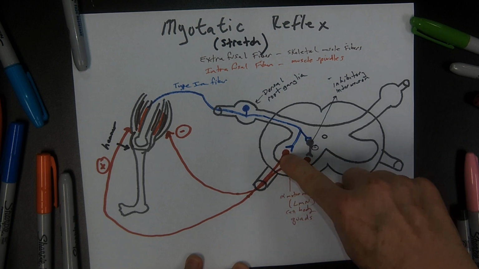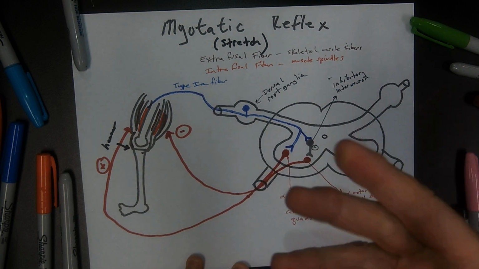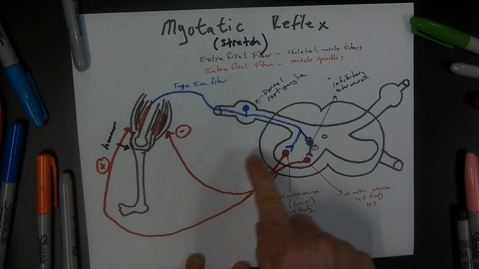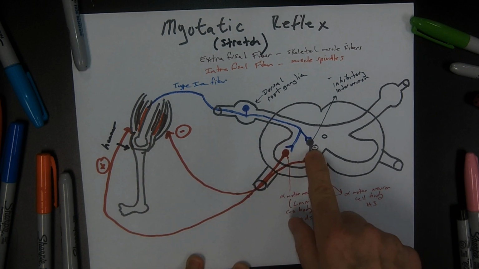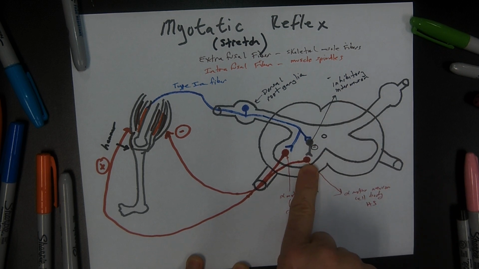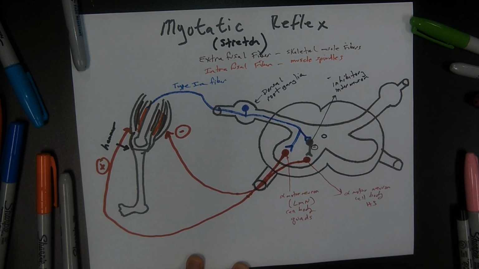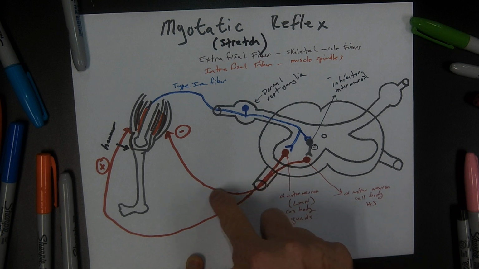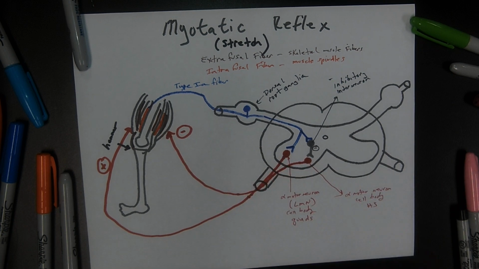It's stimulatory due to the tendon tap for quadriceps. It's also inhibitory by synapsing with an inhibitory interneuron that is connected to the hamstring. Alpha motor neuron comes through the ventral root and inhibits the hamstring. Hence you get the kick. Okay, that's your basic myotatic or stretch reflex. Simple reflex arc.